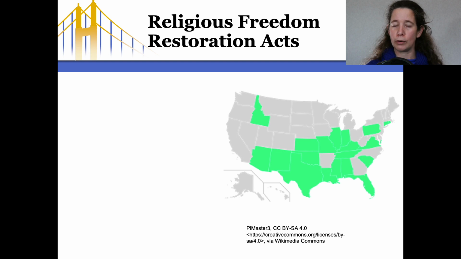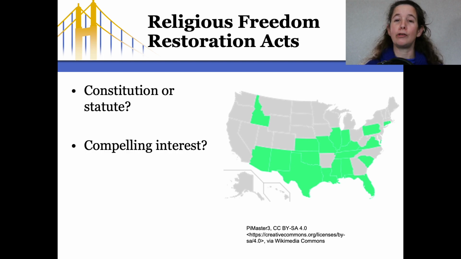So if you have one of those Religious Freedom Restoration Acts, if it's in the Constitution, every statute has to meet it. If it's in a statute, it may have to address it expressly. And if it applies, you have to show that this was done for a compelling state interest, and preventing COVID-19 is almost certainly a compelling state interest, but you also have to show that this is the least restrictive means, and that's a very high bar.